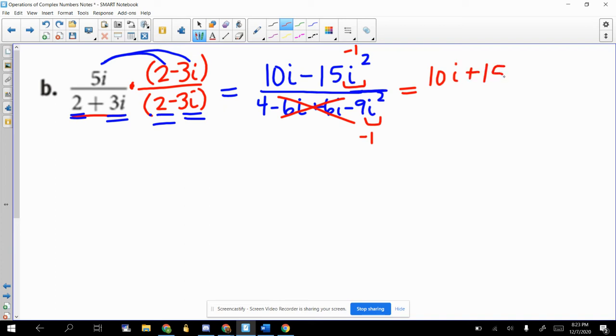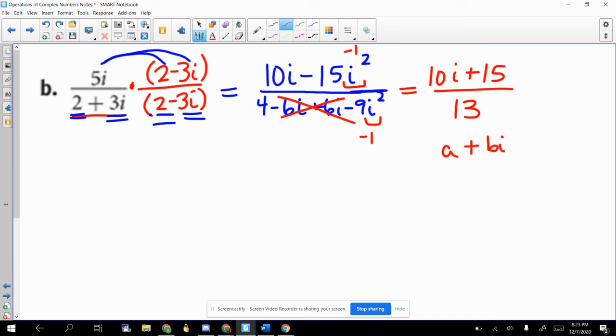And then on the bottom, we're going to end up with 4 minus 9 times -1, so 4 plus 9, which is 13. And then the nice part is we no longer have an i in the denominator, so we know we're almost done. Just the last step we're going to do is put it in that a plus bi form.